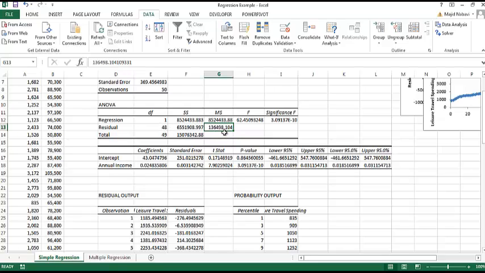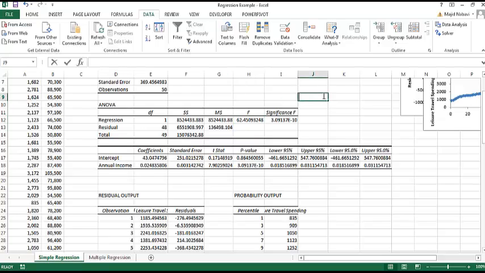You can try these numbers. If I divide sum of squares due to residual by degrees of freedom, I will get the same number as mean square residual. We also have the F number and significance F. F ratio is the ratio of mean square regression over mean square residual.